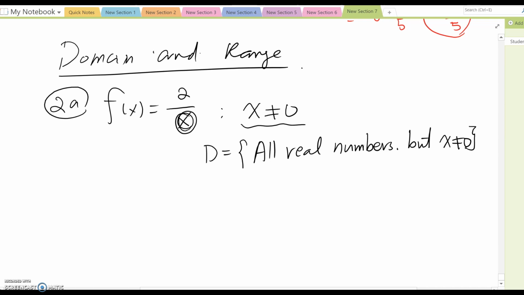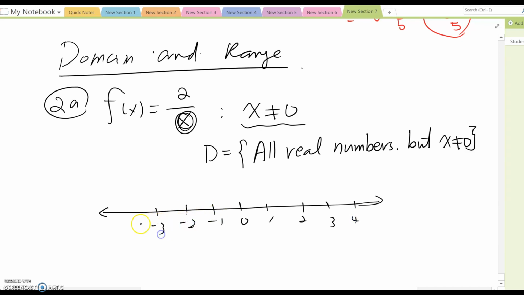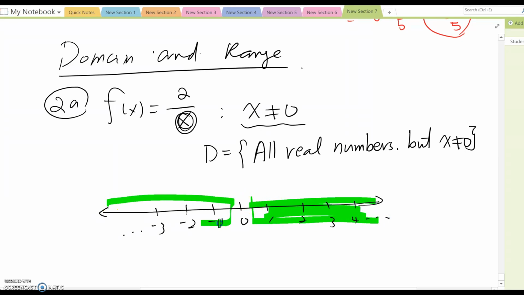What if we indicate it using interval notation? To understand a little better, I'm going to use a number line here. We know that on this number line, all other values can be the answer, right? But not 0. Makes sense? As you see, 0 is the cutoff line.